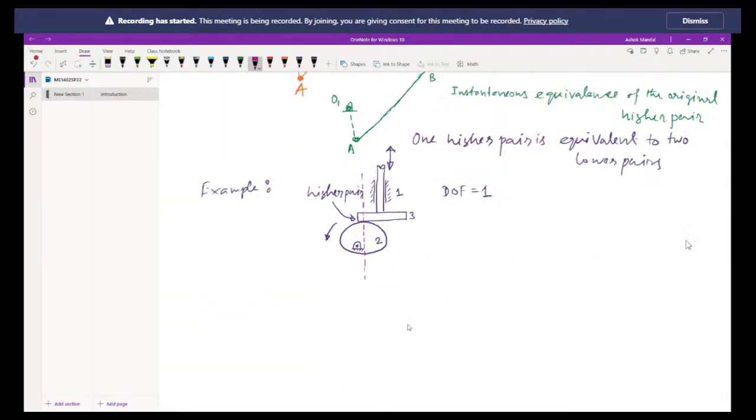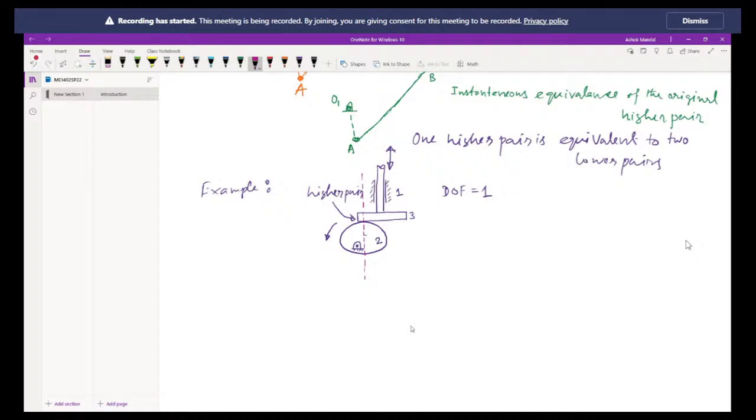Now, I have not drawn it properly. All right, hold a minute.